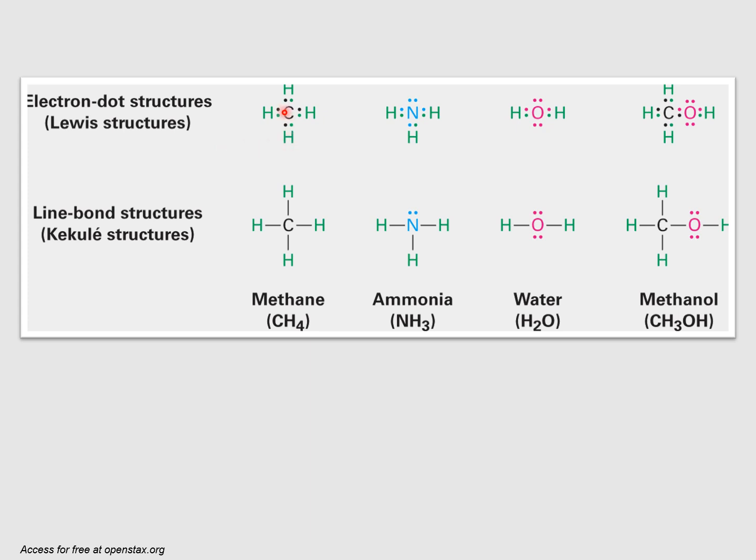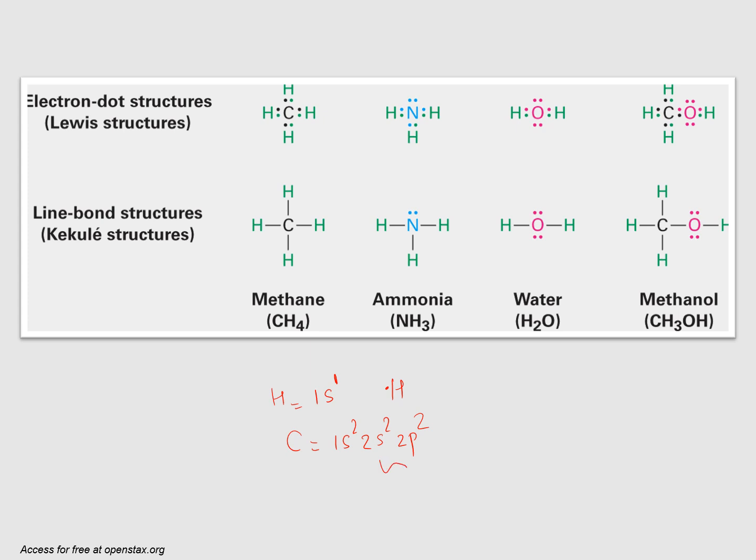So for example, the electronic configuration of hydrogen is 1s1. It has 1 valence electron, so its Lewis dot structure would be represented by 1 dot, in this manner. Now carbon has electronic configuration 1s2, 2s2, 2p2, right?